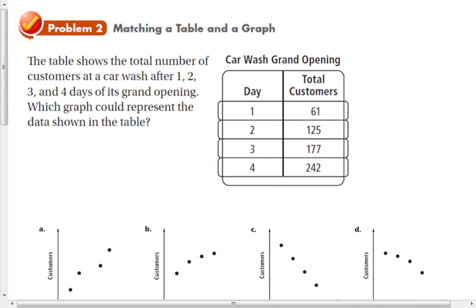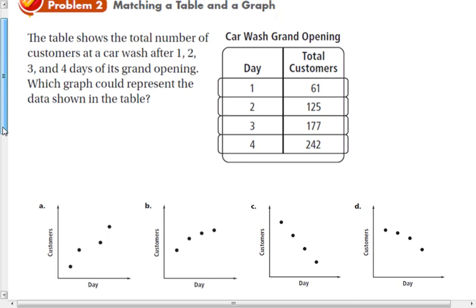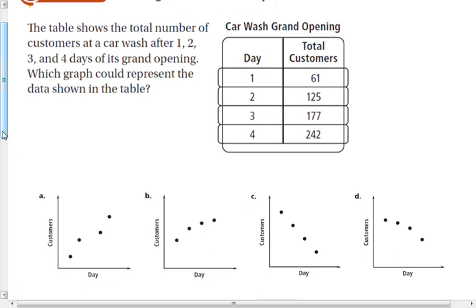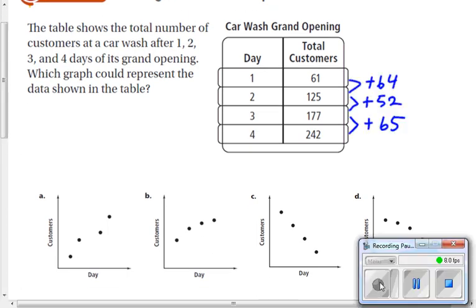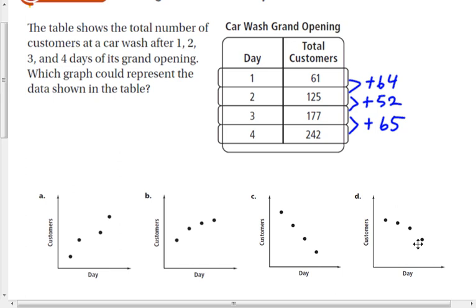All right, here's a table that shows the total number of customers at the car wash after 1, 2, 3, 4 days in the grand opening. What we want to do is match that table with the graph. What I did is I wrote in the difference between the total customers so I get an idea which day it's increasing the most.